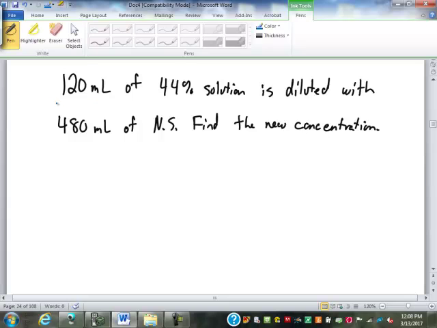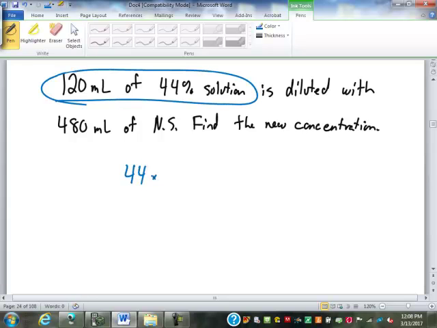So we started out with 120 milliliters of 44%. So that's 44 times 120 milliliters equals, we don't know our new concentration, so C2 is what we're looking at. And we're multiplying by the volume, which is going to be the original 120 milliliters plus the 480 milliliters of saline that we added.